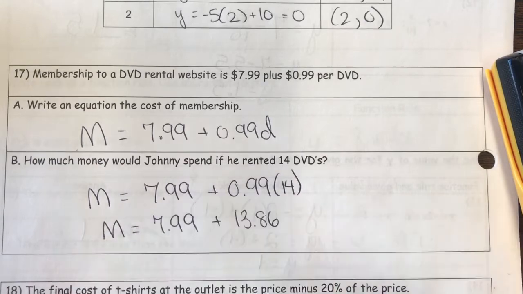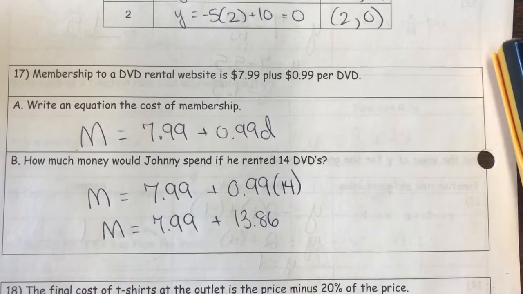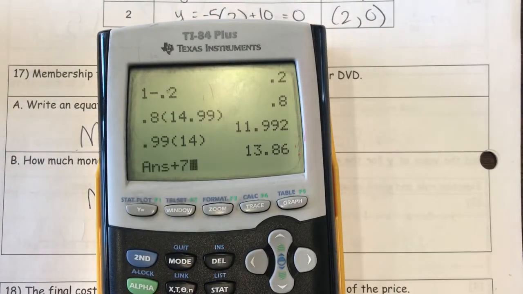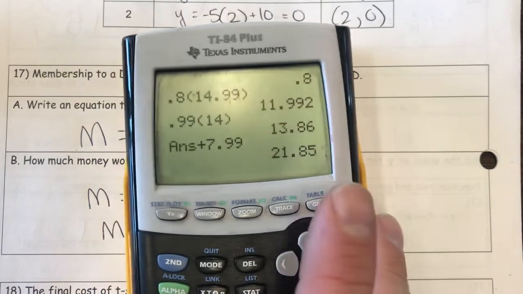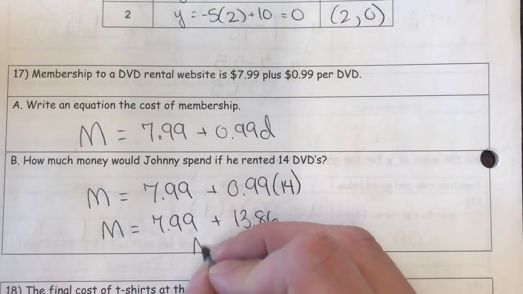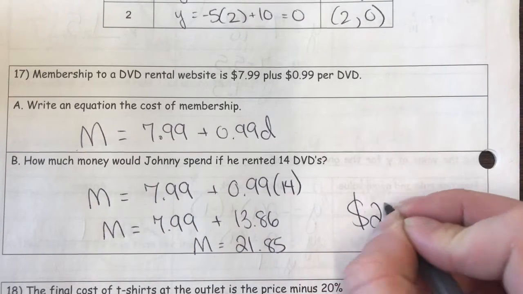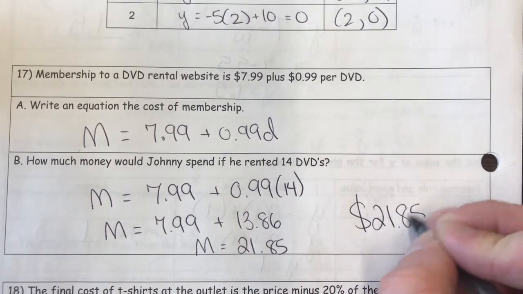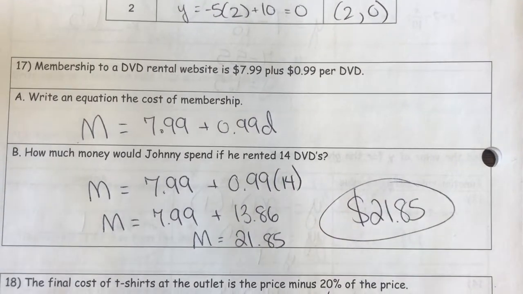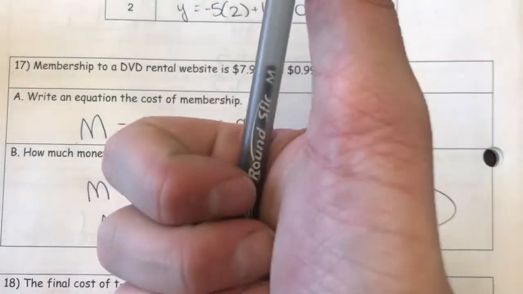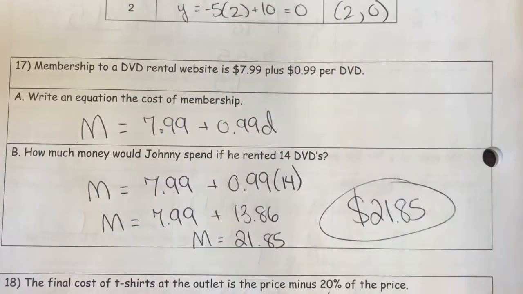Add that to the $7.99, and you end up with $21.85. Wow. Just for 14 DVDs, what a steal. On to 19.